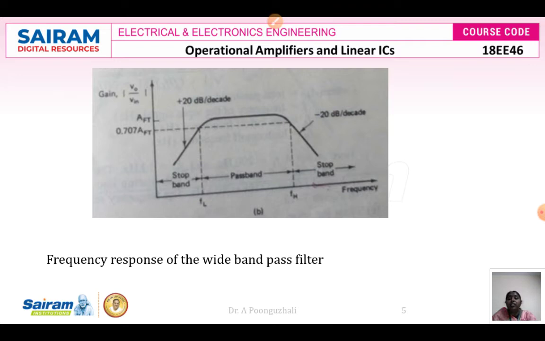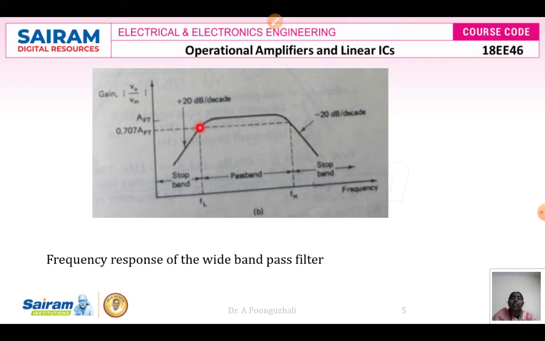As I said, when I divide it into two halves, this is your high pass filter response and this is the low pass filter response. The range of frequencies over which your gain is going to be constant is called the pass band, and the range of frequencies below FL and above FH is called the stop band. From the gain we reduce it by 0.707 of your AF value. Extend that line and see where it intersects the graph.